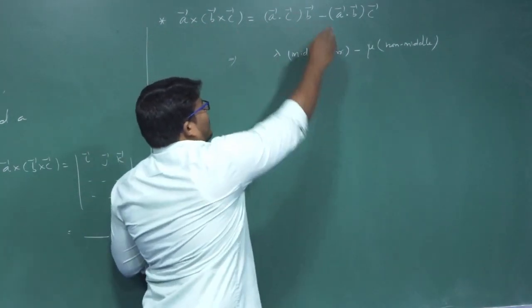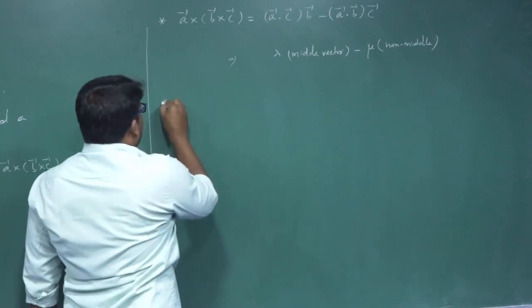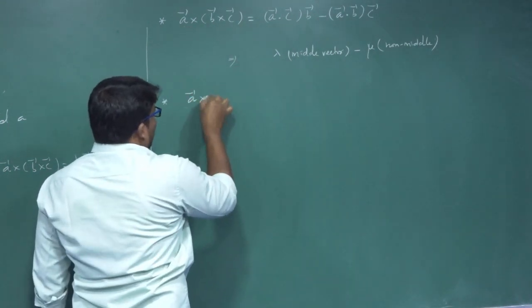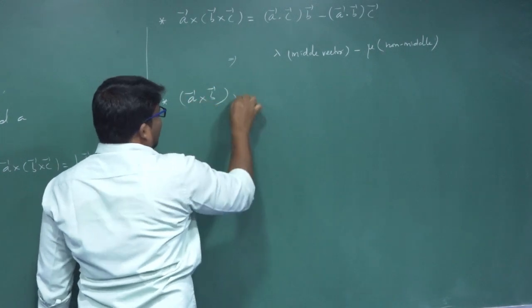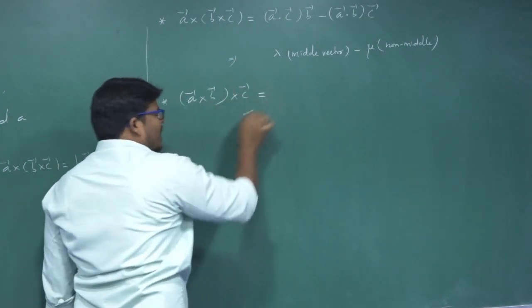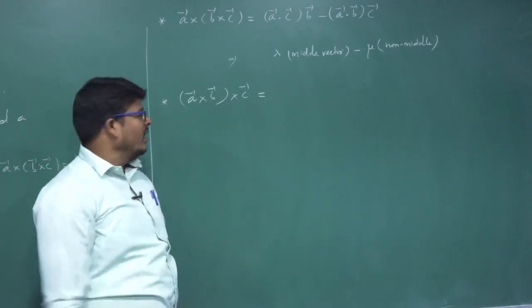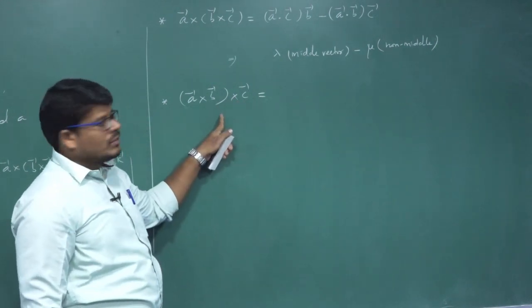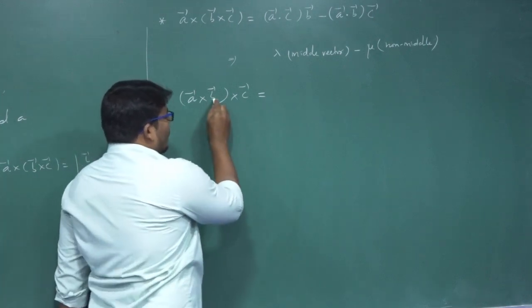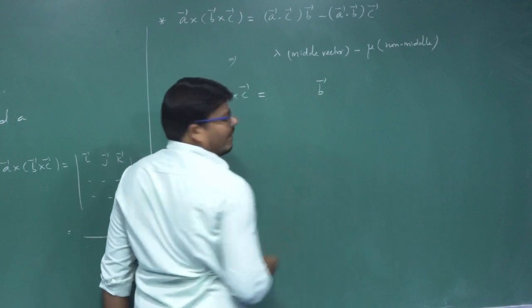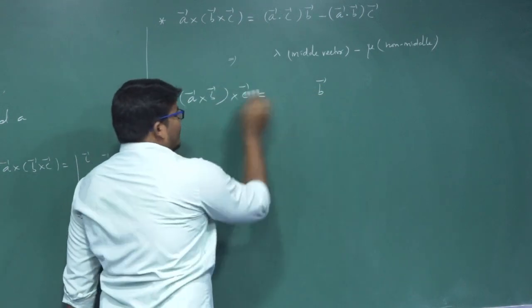Now write A vector cross B vector cross C vector, which is also a vector triple product. The middle vector is B vector.